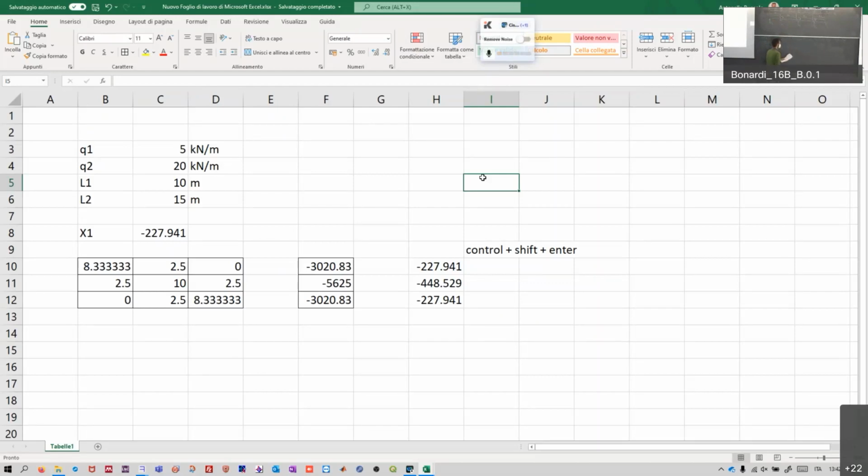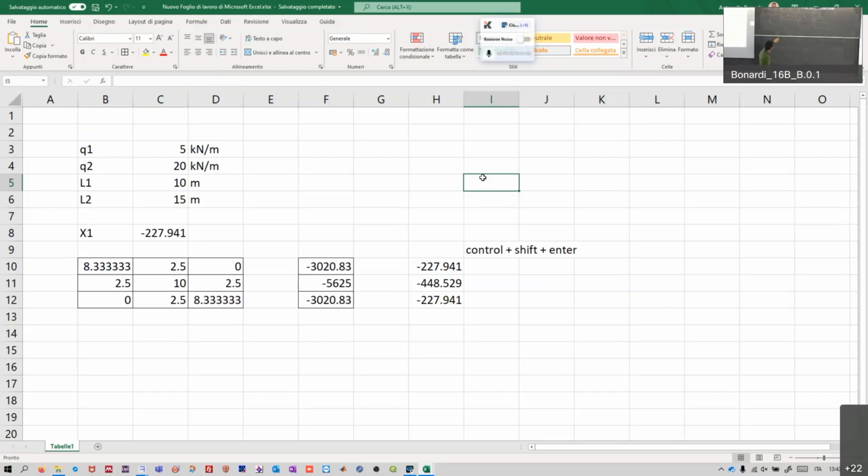Plus the term associated to Q2. Q2 times L2 times L2 over 2, which is the lever arm of that force. Let's say that this is times L2, otherwise it gets messy.